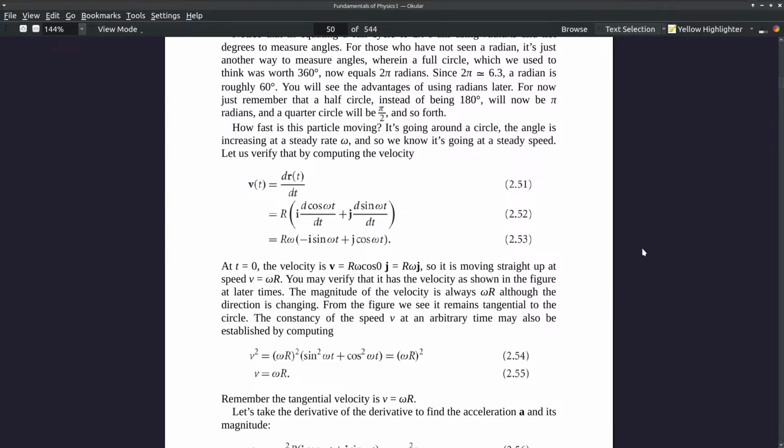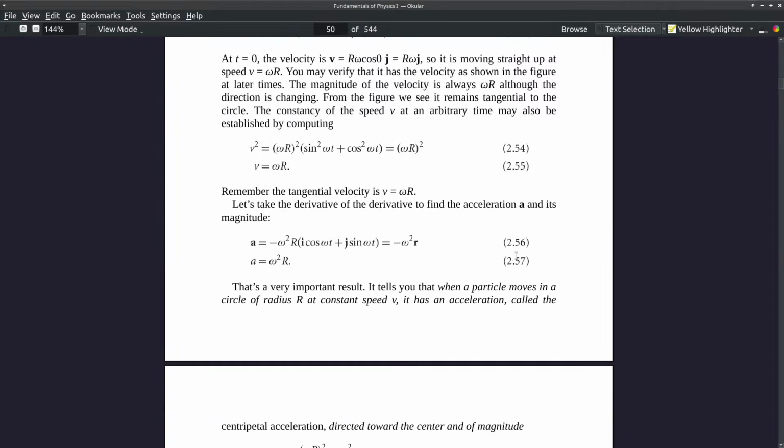Remember, the tangential velocity is v equals omega r. Let's take the derivative of the derivative to find the acceleration a and its magnitude. a equals negative omega squared r times i cosine of omega t plus j sine of omega t, equals negative omega squared r, and then the magnitude a equals omega squared r.